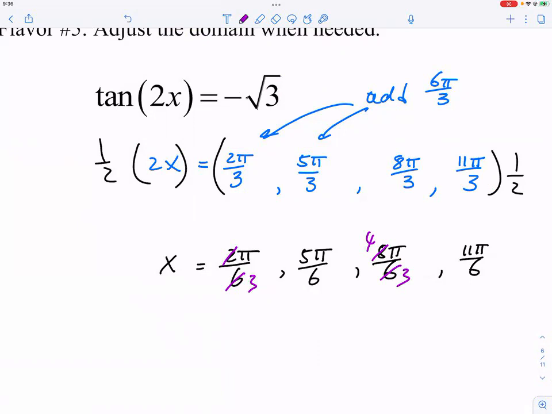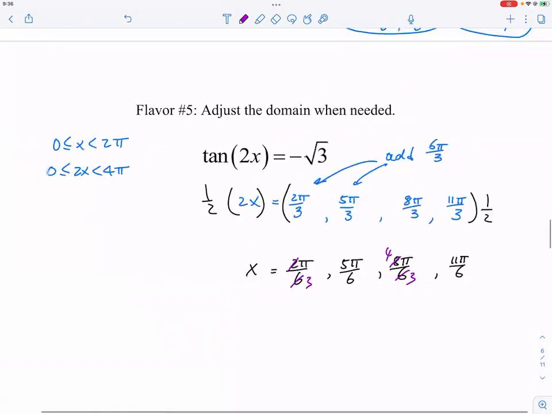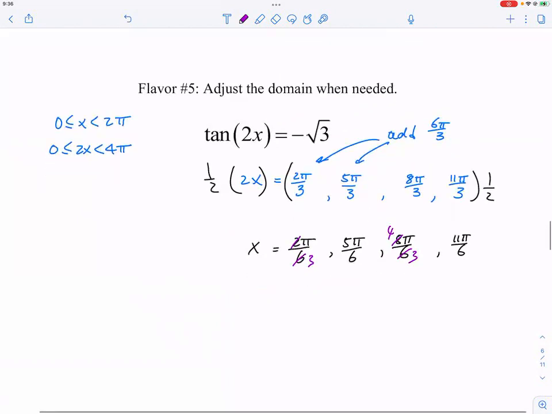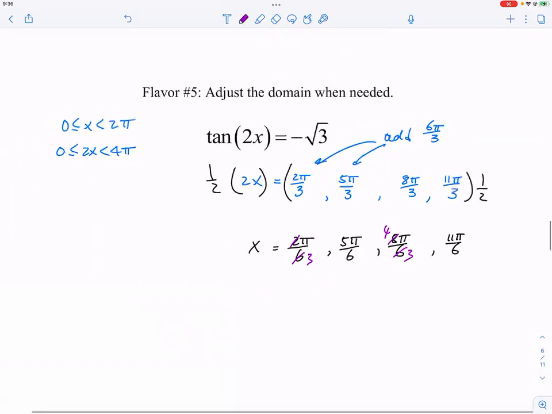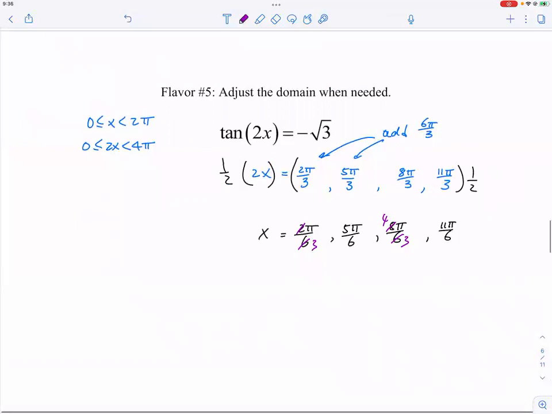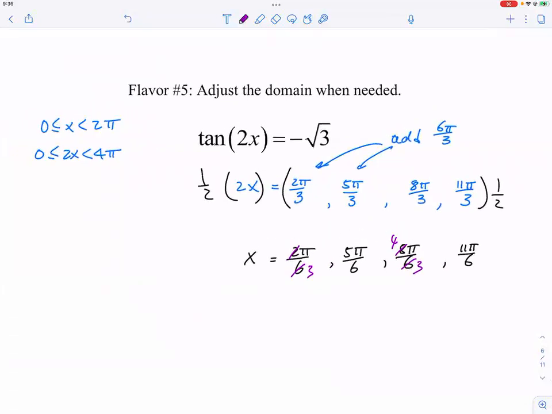So you have these answers: pi over 3, 5 pi over 6, 4 pi over 3, and then 11 pi over 6. Make sure when you see something like 2x, 3x, 4x, you have to adjust the domain accordingly so that you can get all the solutions.